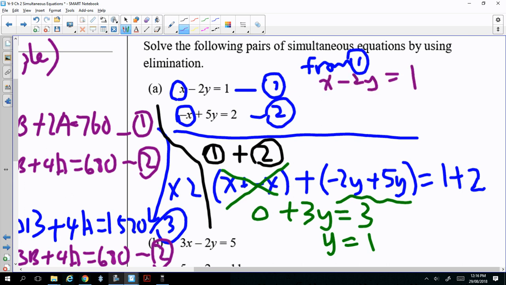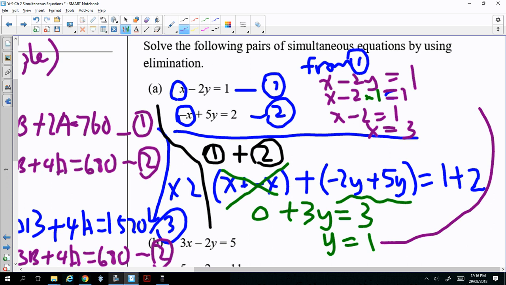So you put 1 there. Therefore x equal to 3. Got it? So put it back in there. 2 times 1.